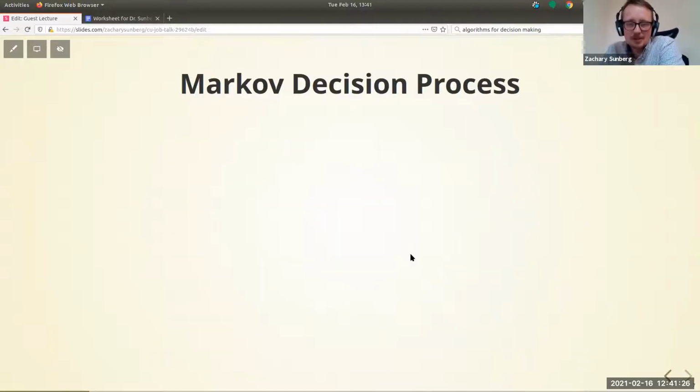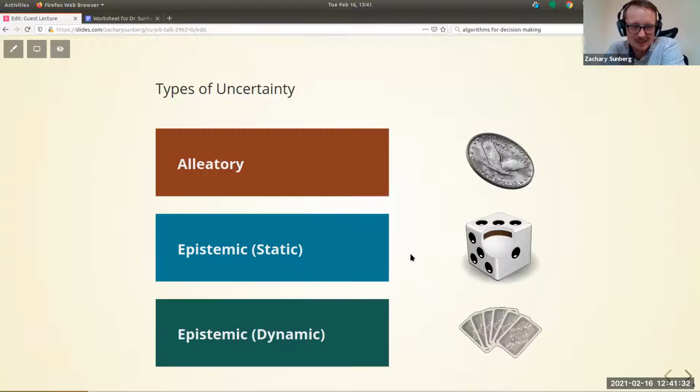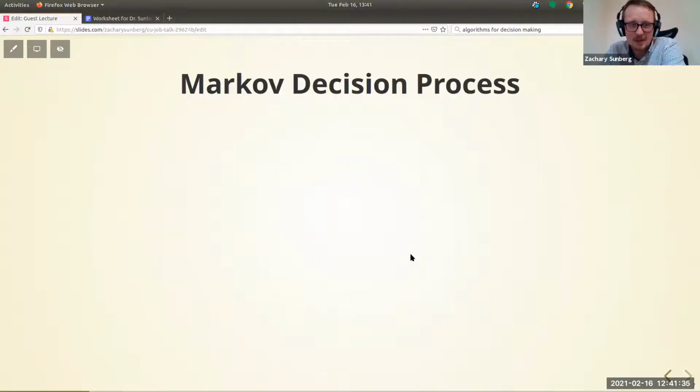Okay, so in order to formulate a problem with uncertainty as a sequential decision problem, our primary formalism or tool is the Markov decision process. So in a Markov decision process, you have some dynamics. This is a control theoretic type notation.